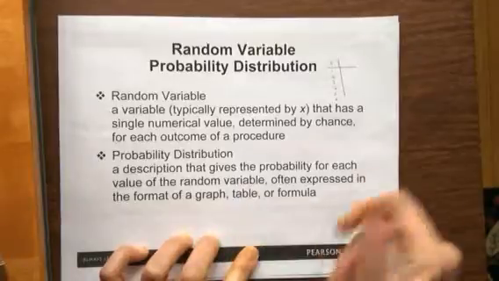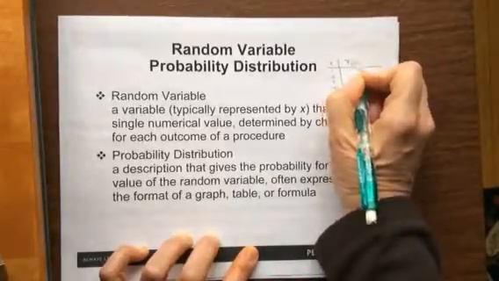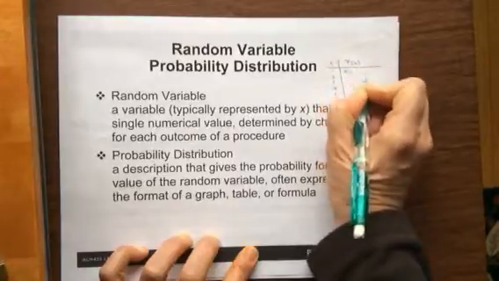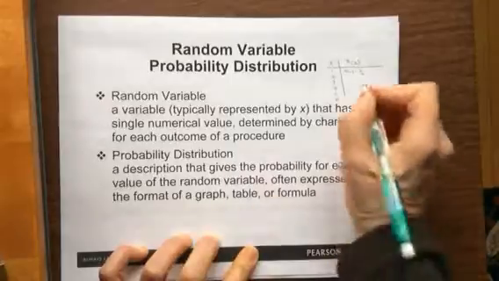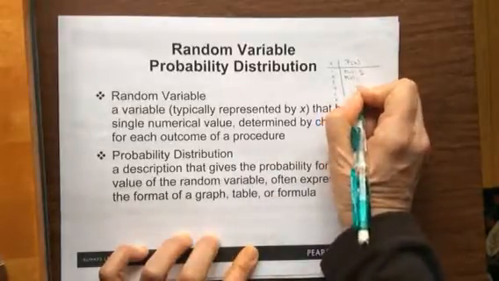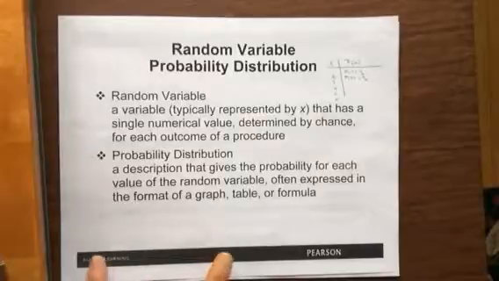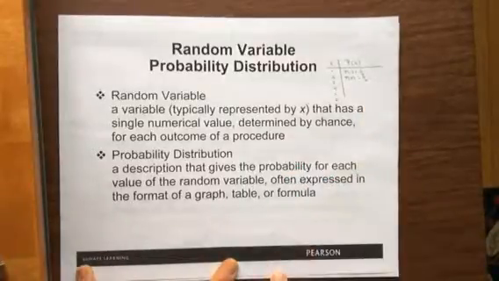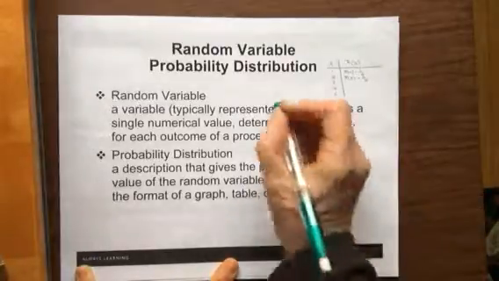And then each outcome is going to be matched with a probability. So the probability that I'd roll a 1, and the probability that I'd roll a 2, and I'm not going to write them all out, but each one has a probability attached to it, and we can write it in a table like this, or we could write it in a graph.